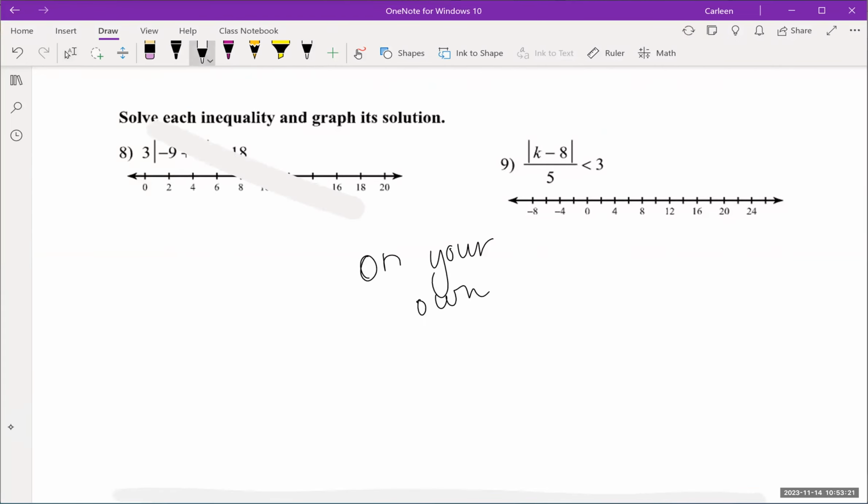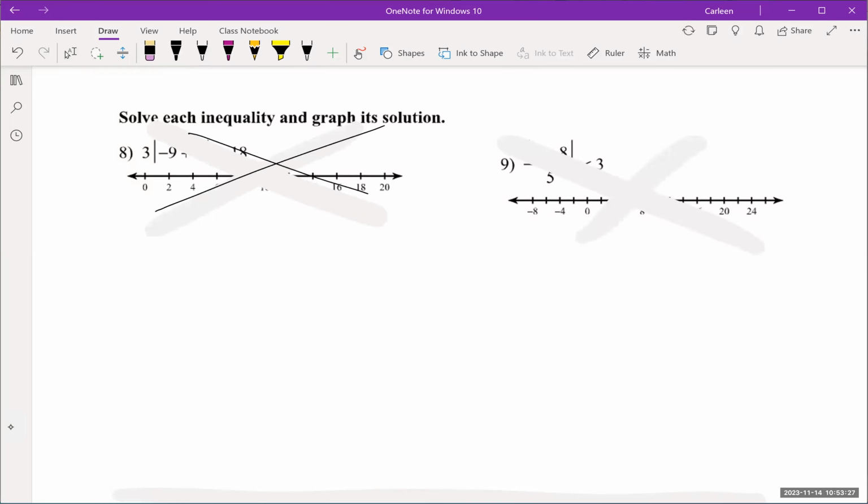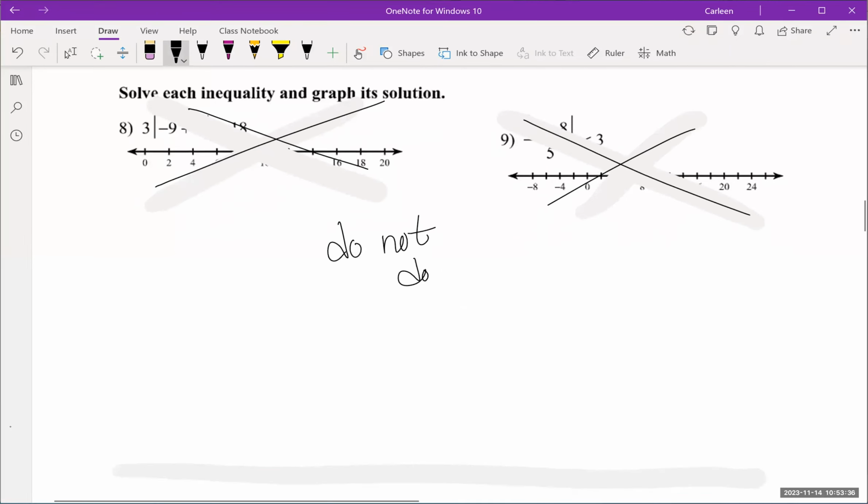Okay, change my mind. These are do not do. Okay, that is review of last unit. You definitely need to know how to do these, but we're not going to practice them again.